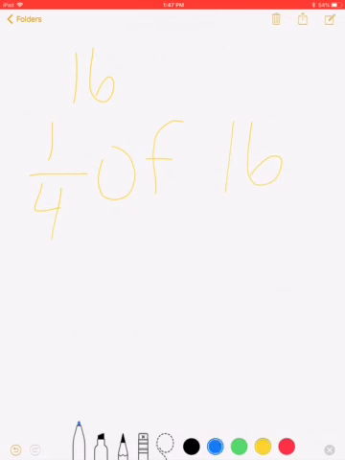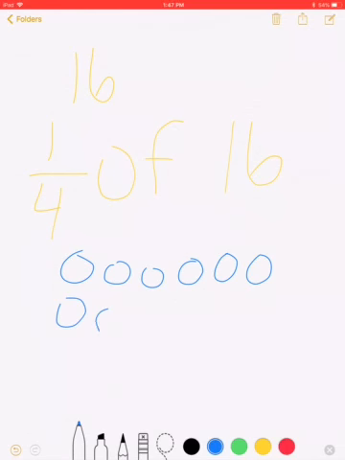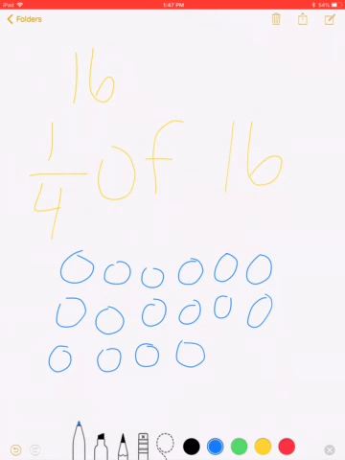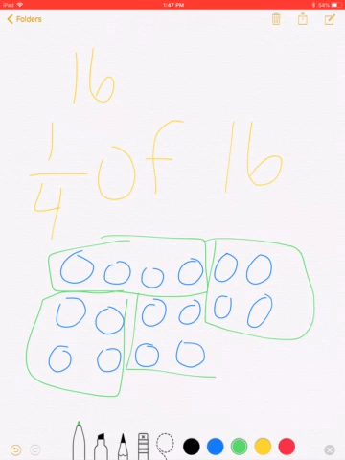So 16 anything. 1, 2, 3, 4, 5, 6, 7, 8, 9, 10, 11, 12, 13, 14, 15, 16. Again, that denominator tells me to break it into 4 groups. Not necessarily groups of 4, but 4 groups. There's 2 groups, 3 groups, and 4 groups. And fourth graders, remember, it's important with anytime we do anything with fractions that they're all equal groups. When I look, I see I have 4 groups of 4, which makes sense because that's equal to 16.